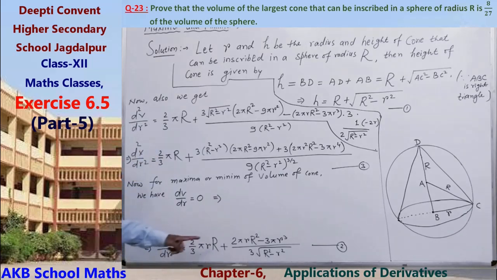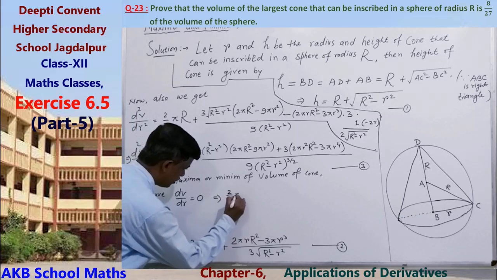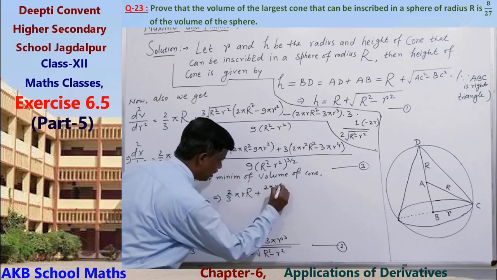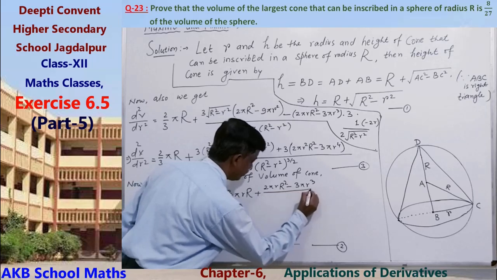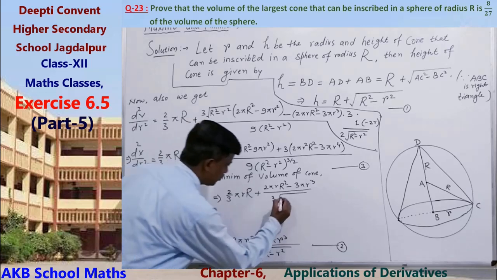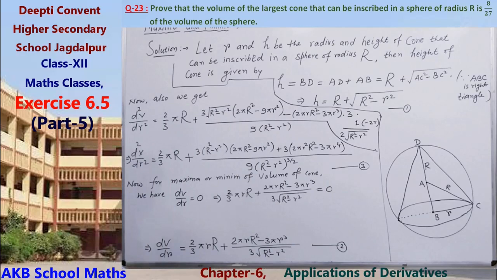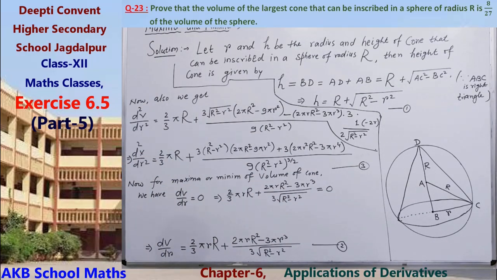That is, the first derivative equals 0. That means 2 by 3 pi R r plus 2 pi r square minus 3 pi r cube upon 3 root of R square minus r square equals 0. From here we have to find the value of r.